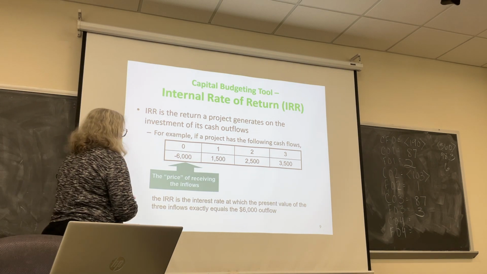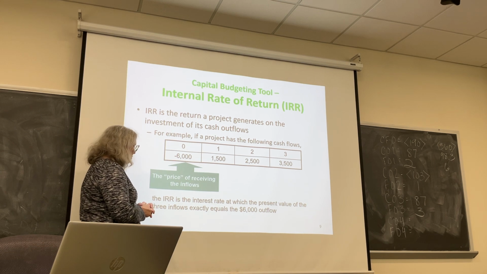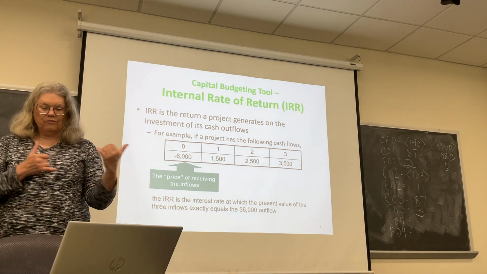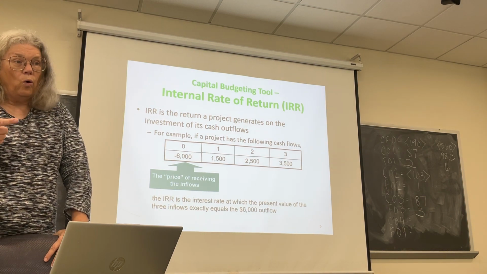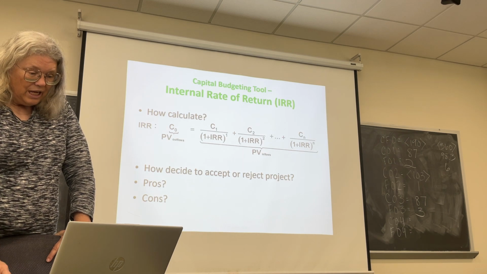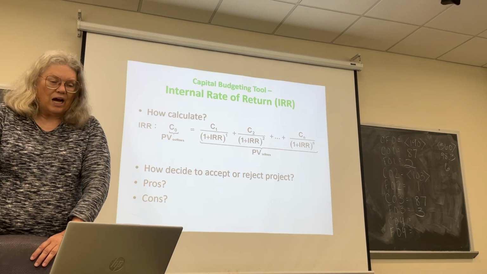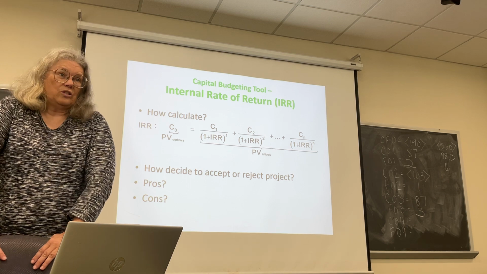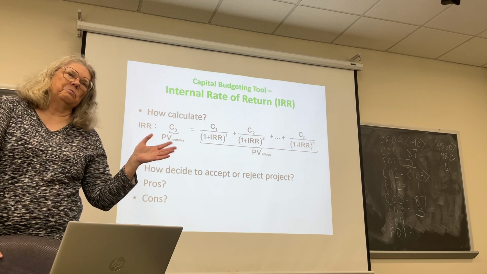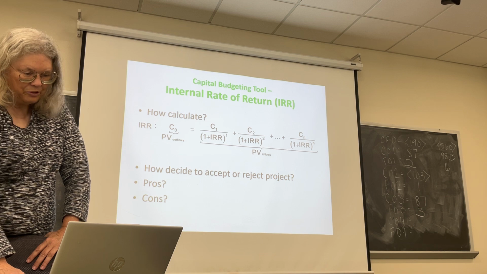With the investment that you have to make to buy the cash flows is the price of those, and it's the interest rate at which the inflows equal the outflows, and therefore, with IRR, the NPV is 0, and so we accept a project if the IRR is greater than the cost of capital, and we reject it if it's less. We talked about the pros and cons earlier in this class, but there are some significant problems.